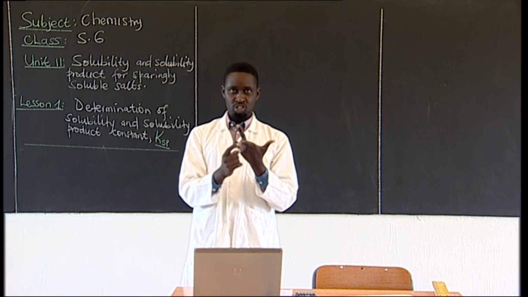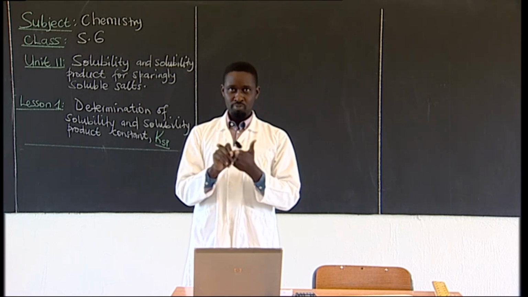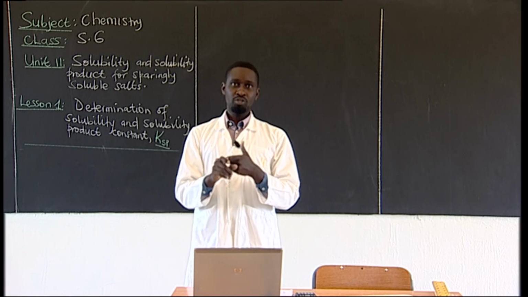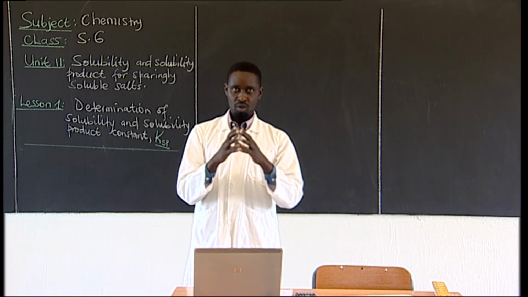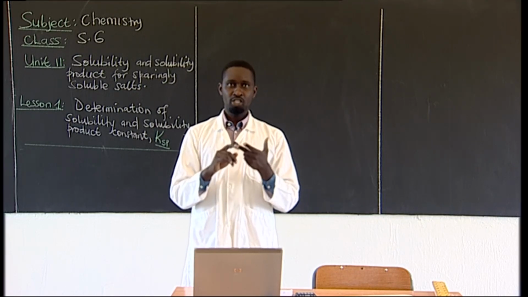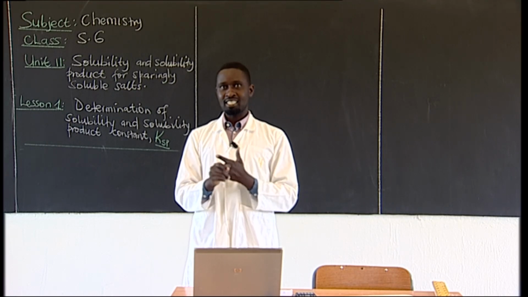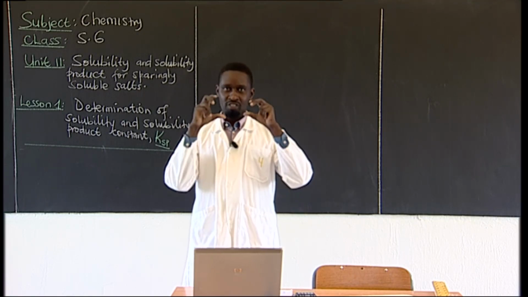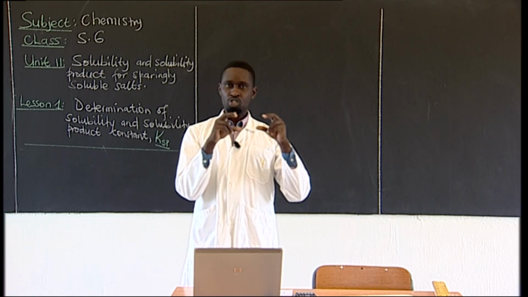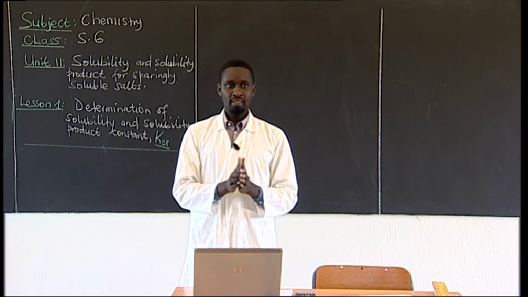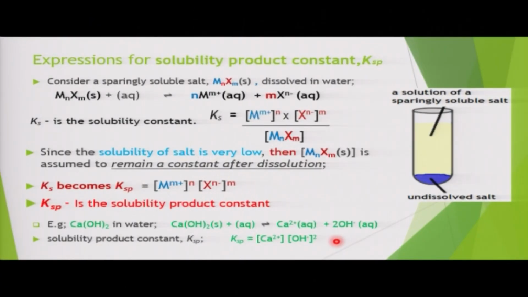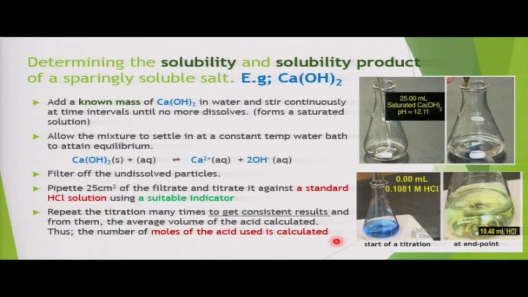We've looked at the definitions of solubility and the solubility product: solubility is the amount of the solute dissolved in a liter of solution, and the solubility product constant is the product of the mole concentrations of the ions of the sparingly soluble salt in solution. Then we've just finished looking at the expression for solubility. Now let's see how we can determine the solubility product.